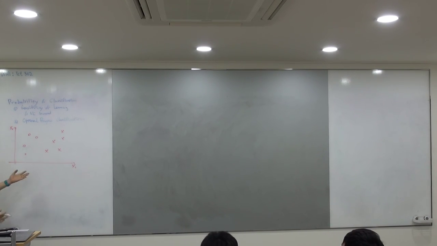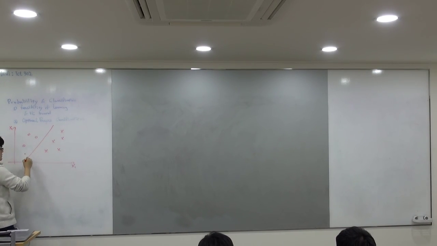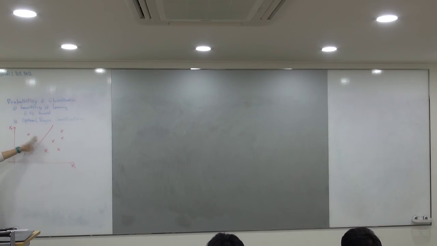So if you want to classify this kind of data, probably you like to find this dividing line and classify this side as circle ones and this side as cross like this. Okay, this is fine. Everybody's fine with this method.